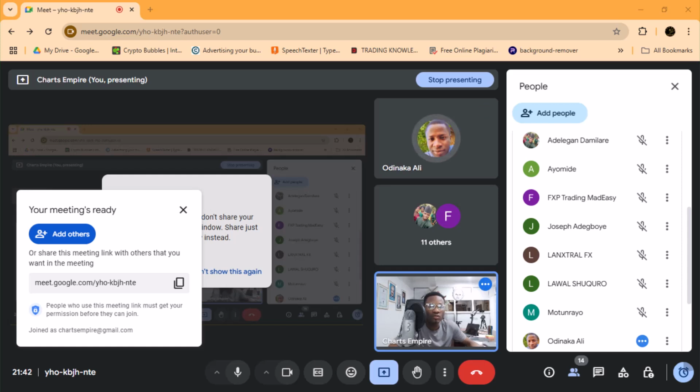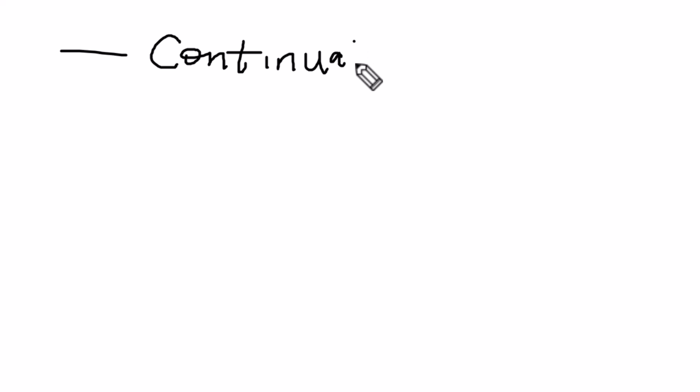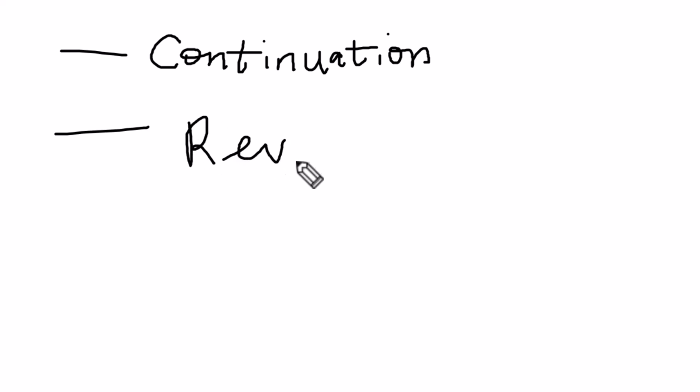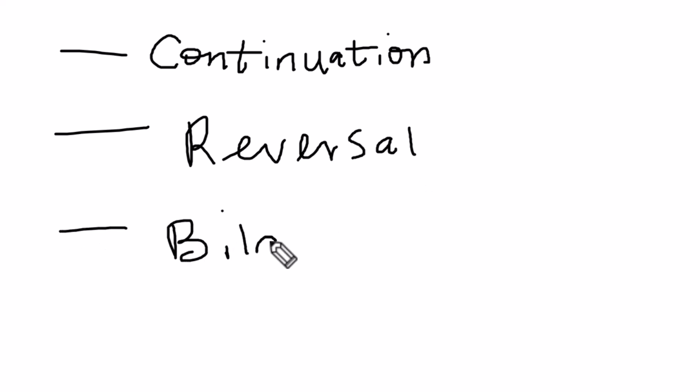All right. Yes. Now, in the last class, I told you traders that there are three types of chart patterns directions. We have chart patterns to trade for continuation of a direction in the market trend, and we have the reversal chart patterns, and we have the bilateral.